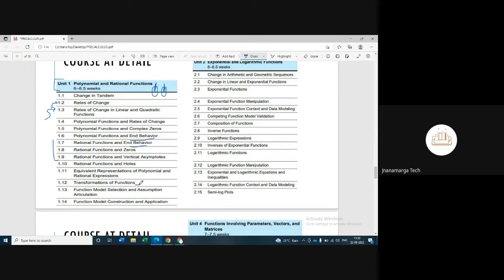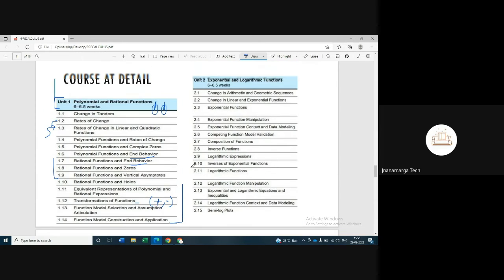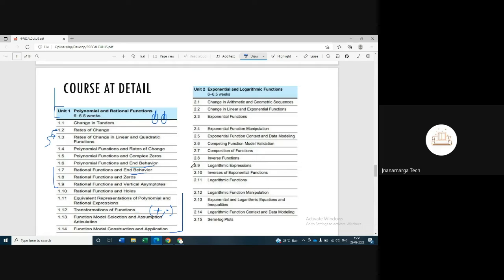So in transformation of functions, there are basically two operations that we can perform, that is addition and multiplication. Addition and multiplication are the basic two operations that we perform inside transformation of a function. Following that, we have our function model construction and application.